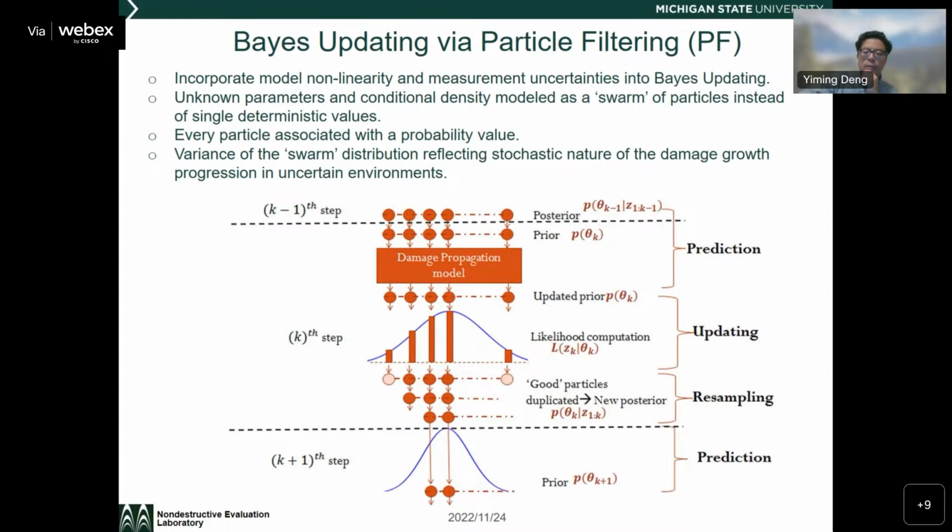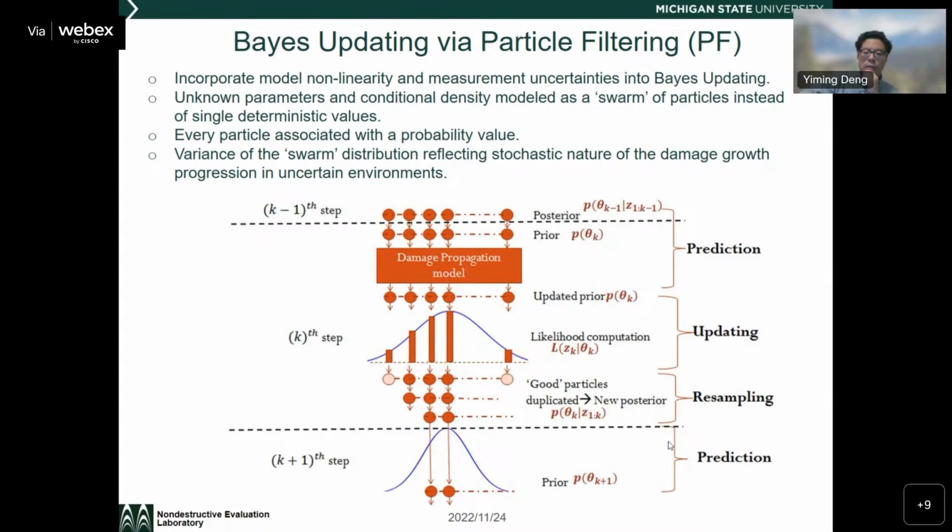So that's why this method is also called sequential Monte Carlo method in some literature. So the basic idea is to incorporate the measurement uncertainties that we discussed before and the nonlinearity into the Bayesian updating by incorporating the Monte Carlo simulation and resampling stage of the probability function of x given theta.